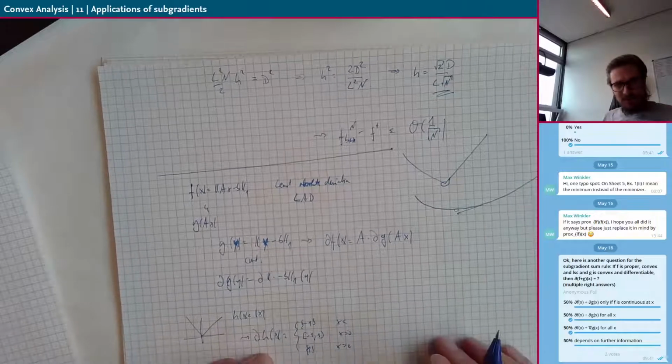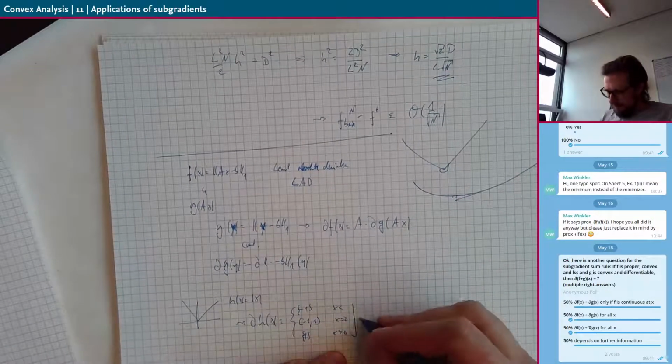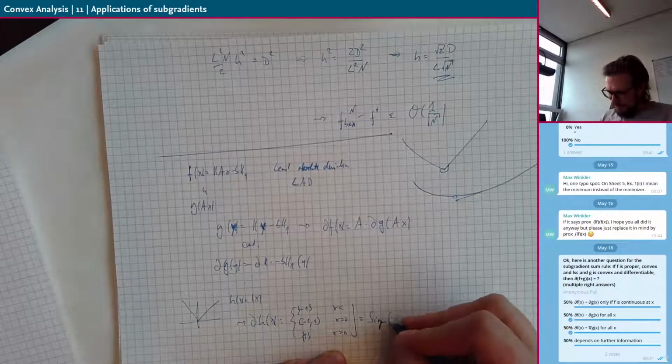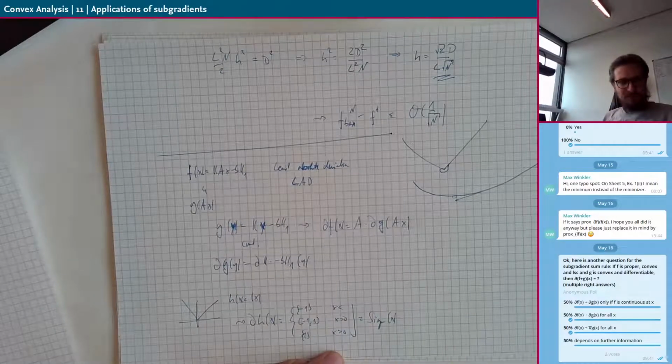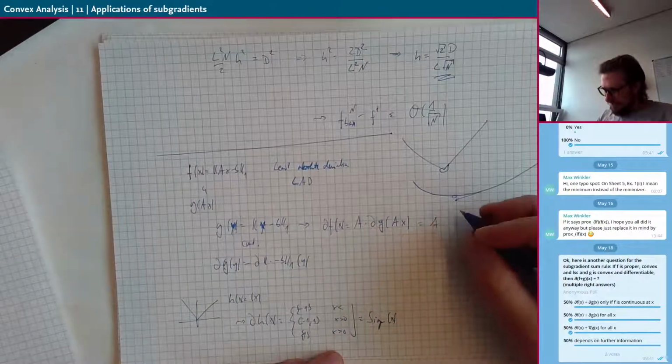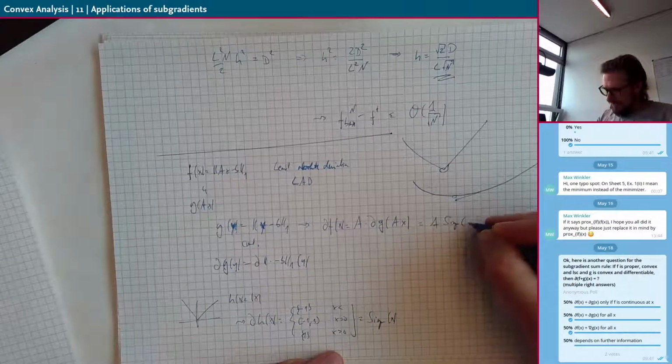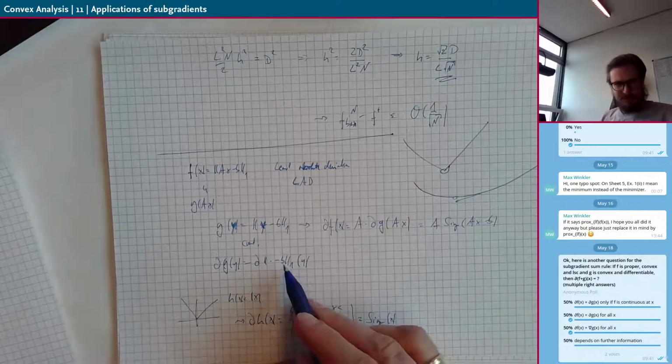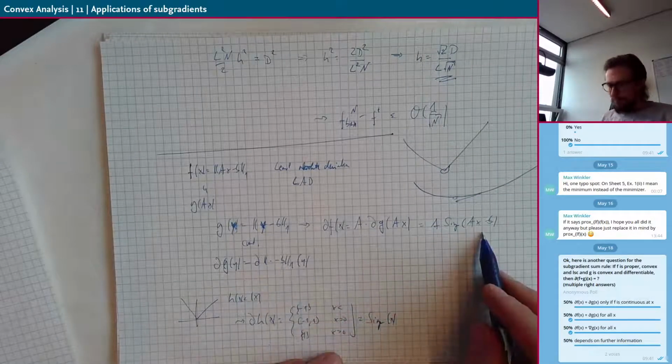And this is what is commonly known as the multi-valued sign function. It's the multi-valued sign. Okay, so we can just plug it in here, and this gives A transpose times the multi-valued sign of Ax minus b. The translation, there's a rule for that, translation just translates.